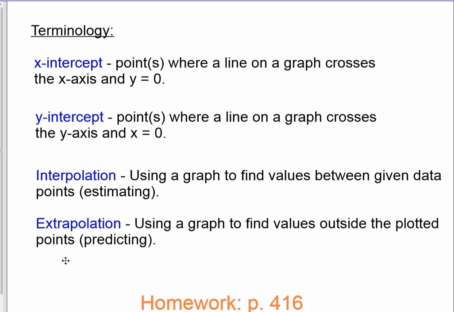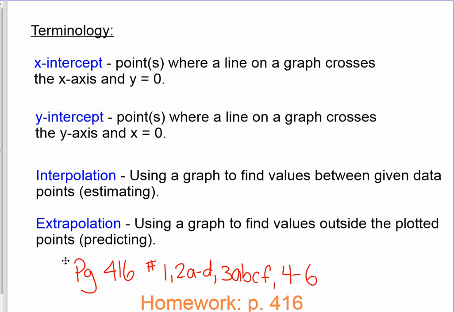Other terms you need to know today: y-intercept, interpolation, and extrapolation. Your homework is the following: page 416, numbers 1, 2a through d, 3a, b, c, f, and 4 through 6. Okay? That's your assignment for today.